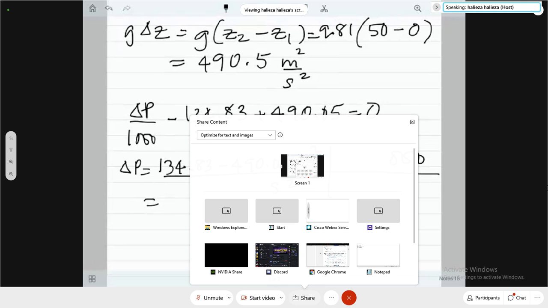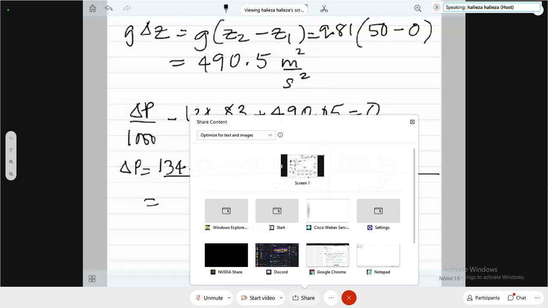And I have 1000. The unit for 1000 is kilogram per meter cubic. So you cancel that, you end up with 1 meter there. So your unit is going to be kilogram per meter second square.